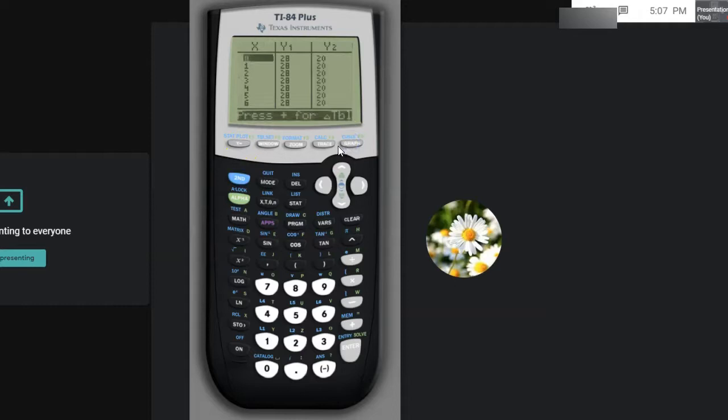Let me set this to be 20, and let me set this to be 28. And then this to be negative x squared plus x plus 4. Okay?